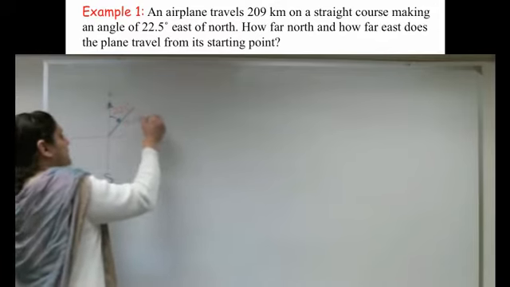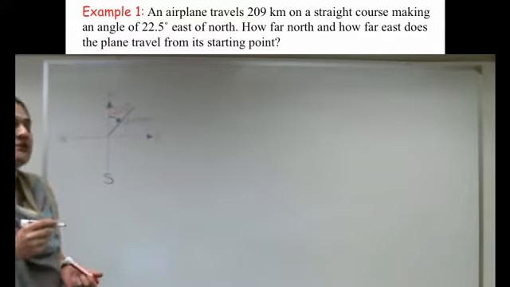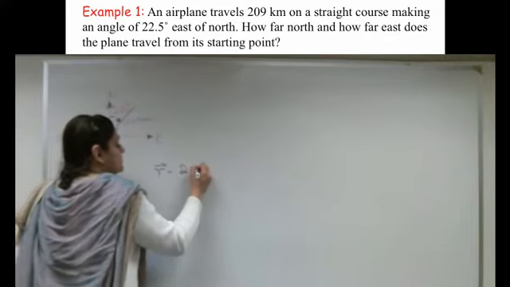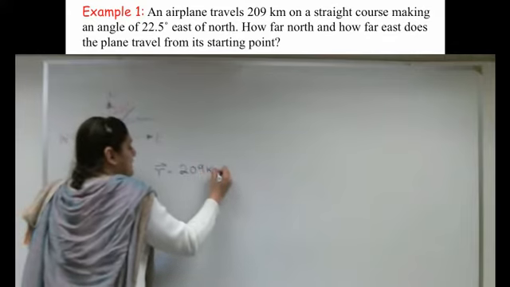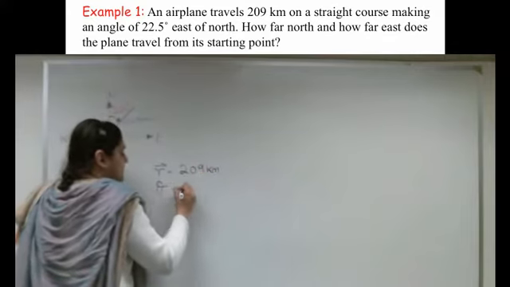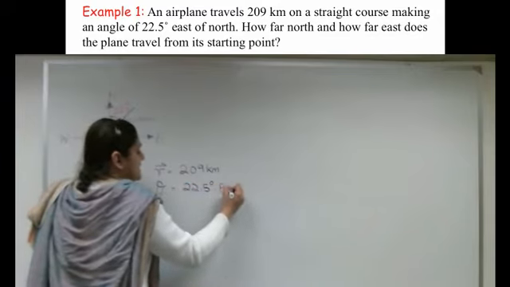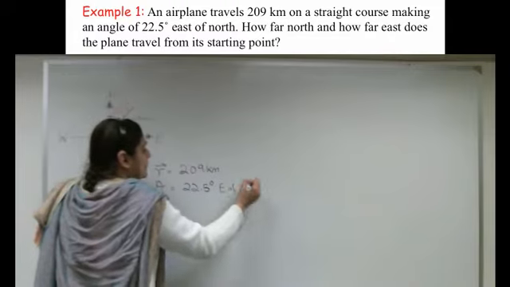So my vector R is 209 kilometers, and my angle theta is 22.5 degrees east of north.